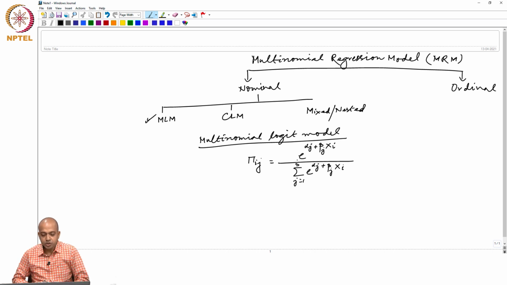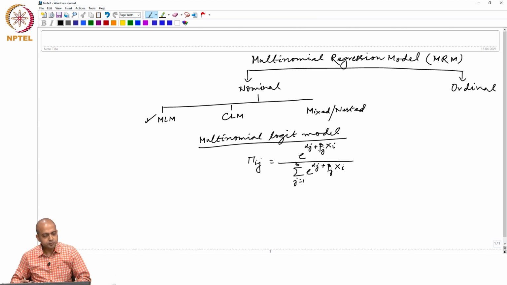All right, and we said that here the j subscript is attached to the parameters alpha and beta because the parameters vary across choices. If we have three choices, take the example we are talking about: a plus 2 graduate is thinking about going to a 2 years college, a 4 years college, or no college.